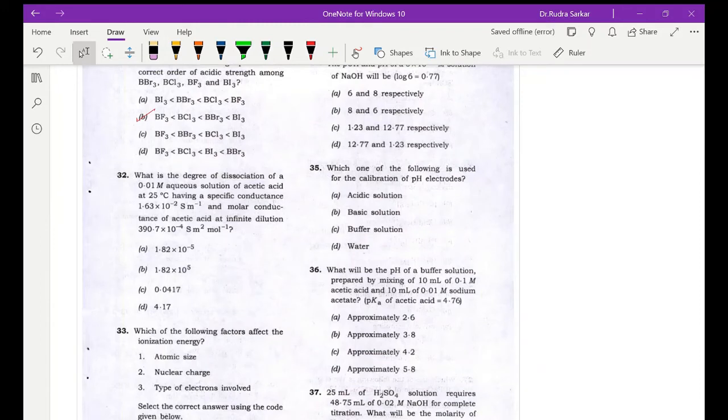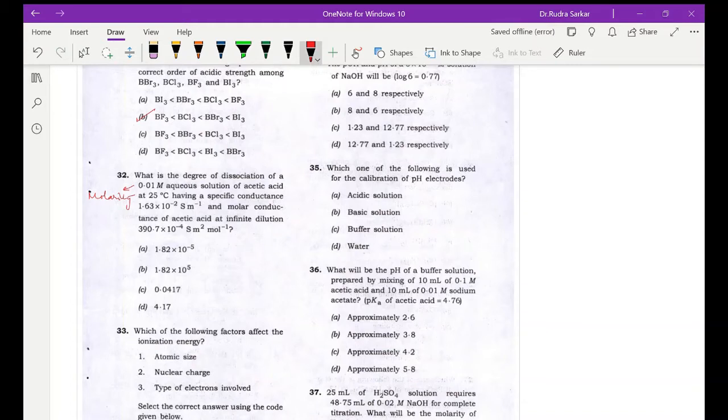What is the degree of dissociation of 0.1 molarity aqueous solution of acetic acid at 20 degrees centigrade having a specific conductance?